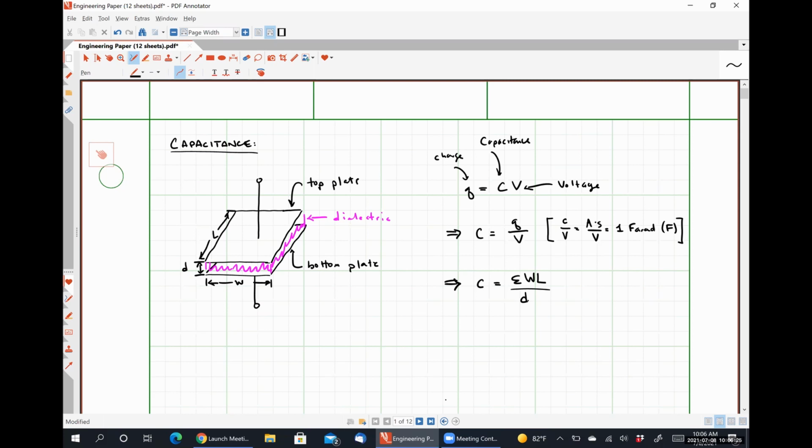The geometric properties of capacitance are easy to describe, right? The larger the area of the plate, the more charge can be physically collected on the plates. And the smaller the distance separating the plates, which is D, the stronger the generated electric field is.